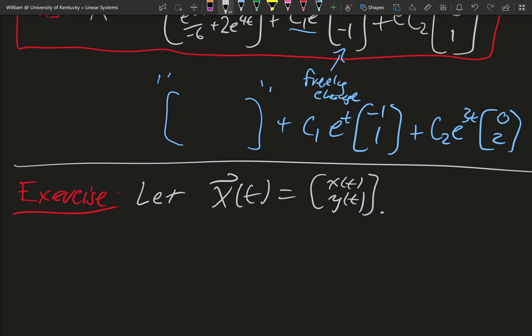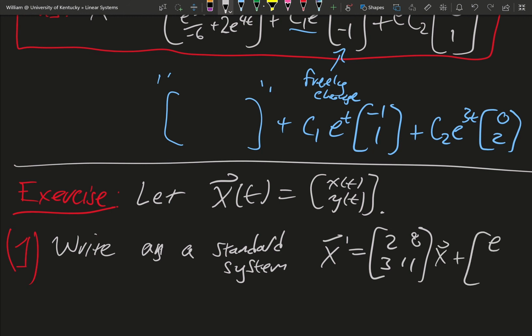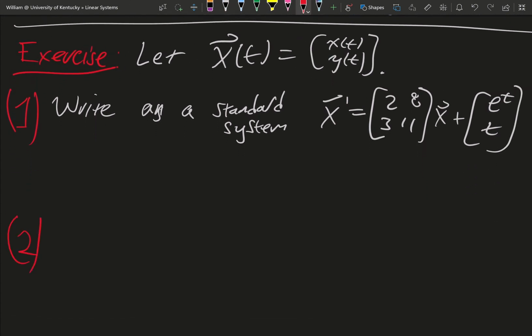For the first problem, I want you to take the matrix equation and write it in standard form, so get rid of all the matrixy mumbo jumbo. And for the second one, do the opposite.